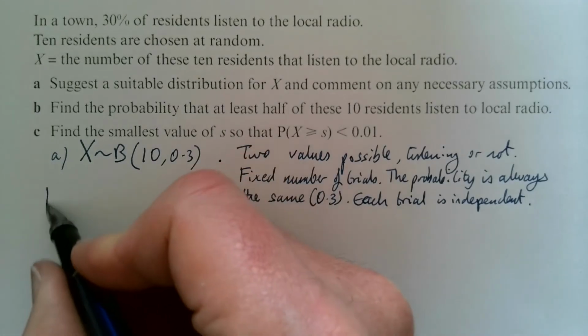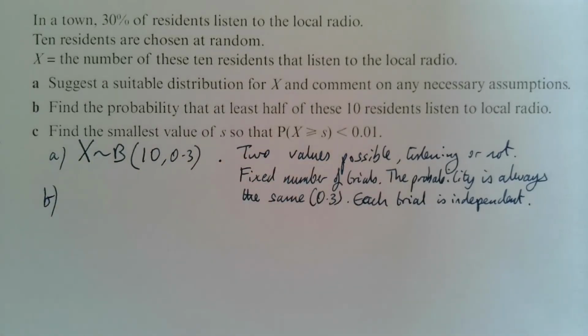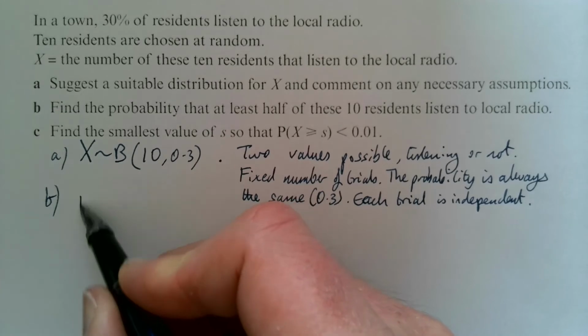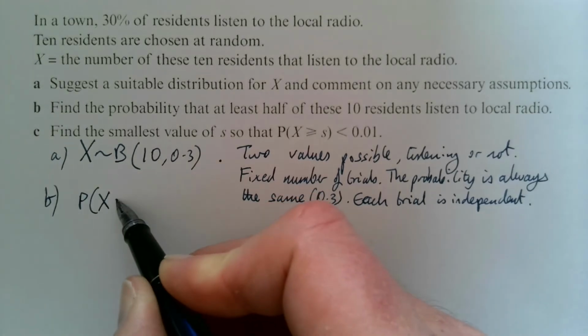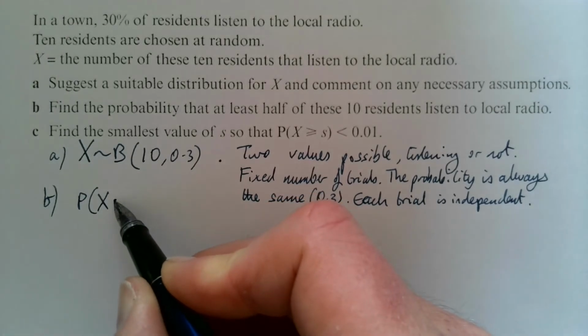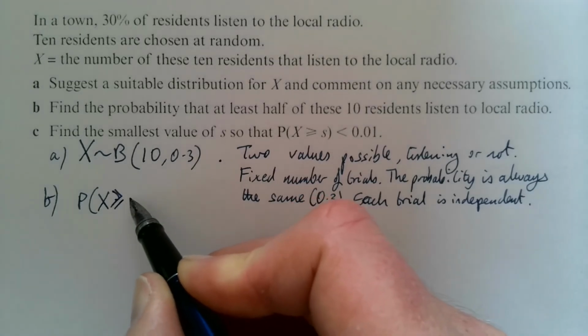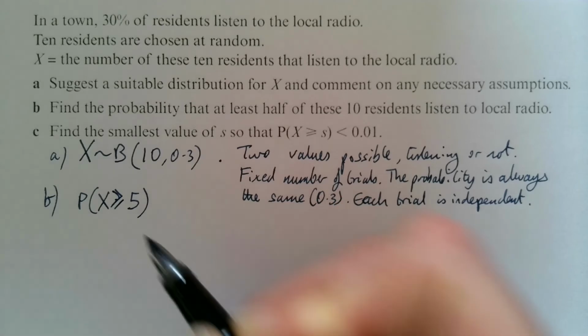Okay, next up, the probability that at least half of these 10 residents listen to local radio. So half of them. So we've got 10 there. What we're saying is the probability that x is going to be at least half, and 5 is half, isn't it? So it's 5 or more.